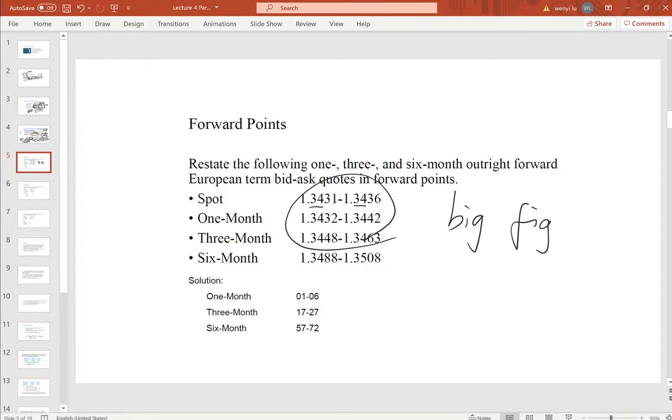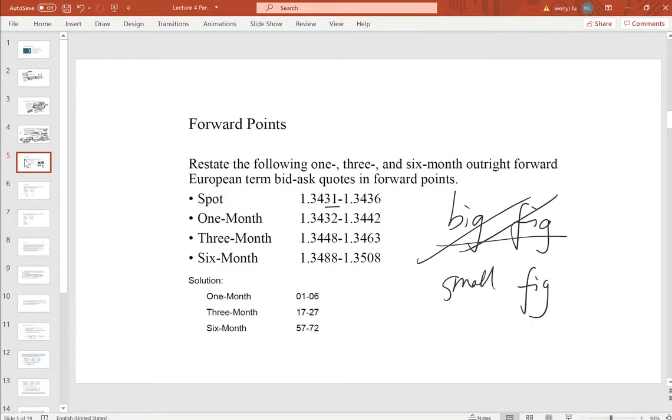So we don't bother to repeat something everyone knows. We only pay attention to the difference. So that's the small figure, the last 2 digits of our quote.